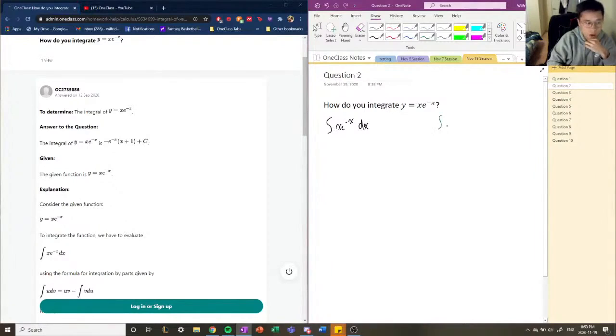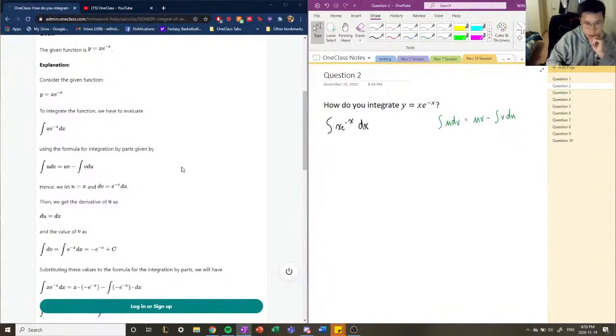So the integral of u dv is equal to u times v minus the integral of v du. Okay, so we're going to take our substitution variables and we're going to somehow manipulate our x and e to the power of negative x to have two separate substitution variables here.